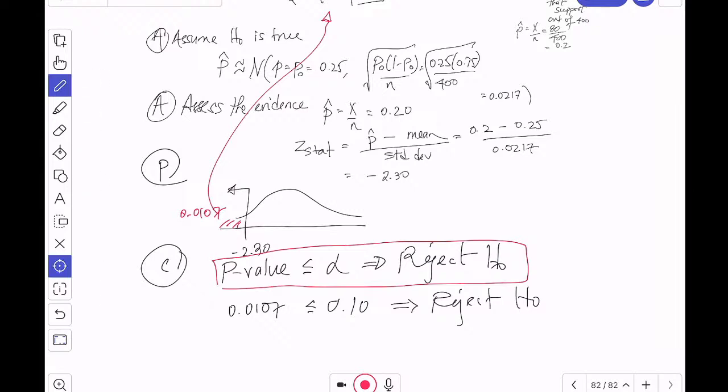So what we found out is that it is very rare that we found that 2.3 standard deviations away, we found our statistic or the results of the test, or the sampling. So that means 1%, that's just 1% of people approve of Donald Trump, according to these made up numbers.